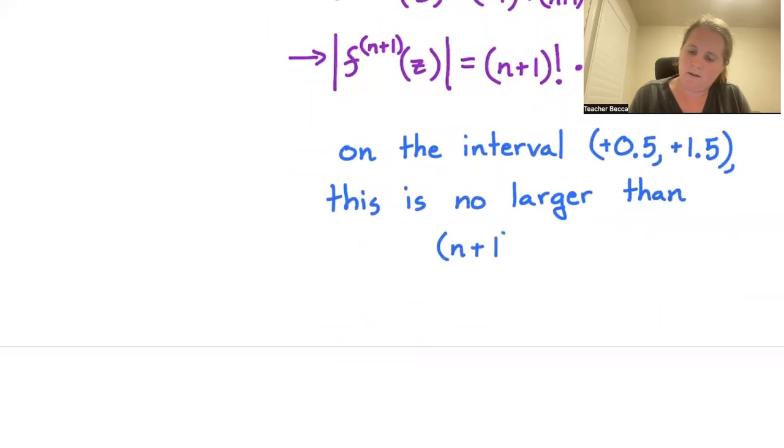n plus 1 factorial times 1 over 1/2, or 0.5, raised to the n plus 2.